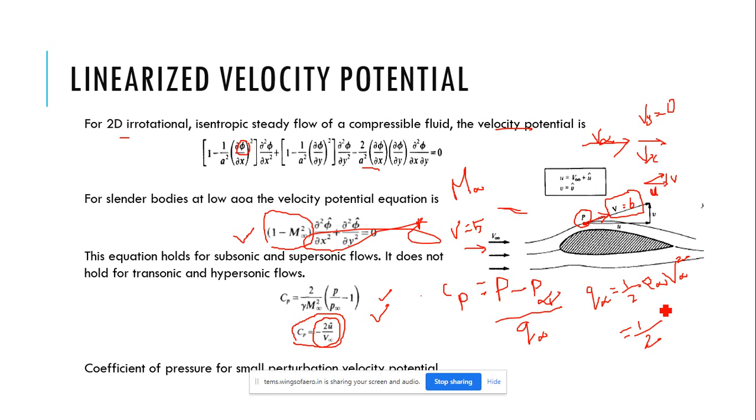So half into gamma P infinity divided by gamma P infinity into rho infinity V infinity square.